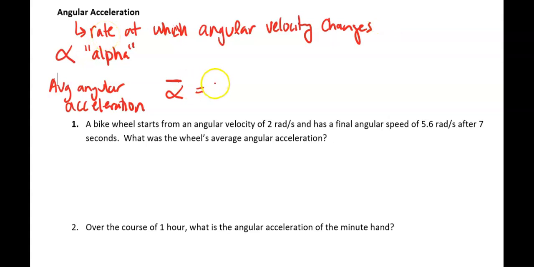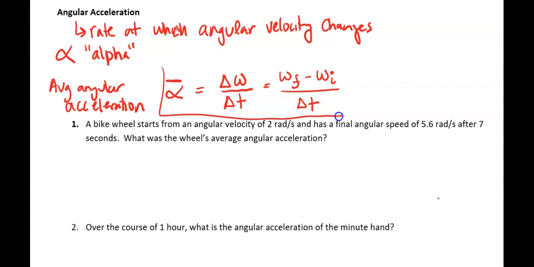So it is going to be the change in angular velocity. Angular velocity is omega, over change in time. Change in omega, I want you to think about how we might find that. I think of that as omega f minus omega i, over change in time.